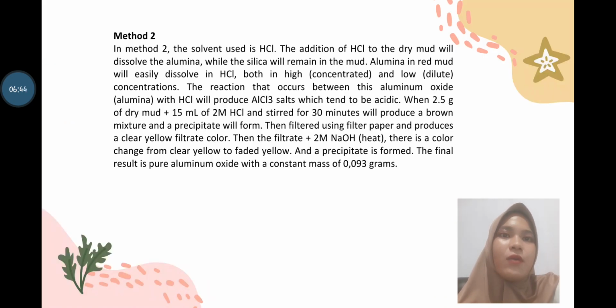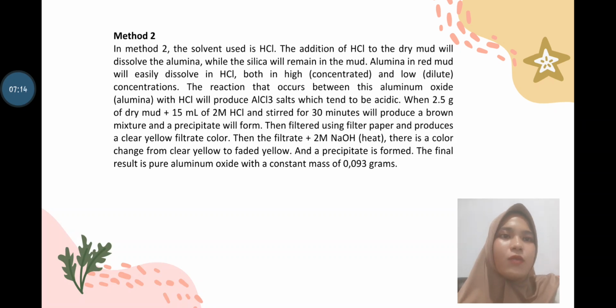Method 2. In method 2, the solvent used is HCl. The addition of HCl to the dry mud will dissolve the alumina, while the silica will remain in the mud. Alumina in red mud will easily dissolve in HCl at high concentration but not at low dilute concentration. The reaction between alumina and HCl will produce aluminium salts, which tend to be acidic.